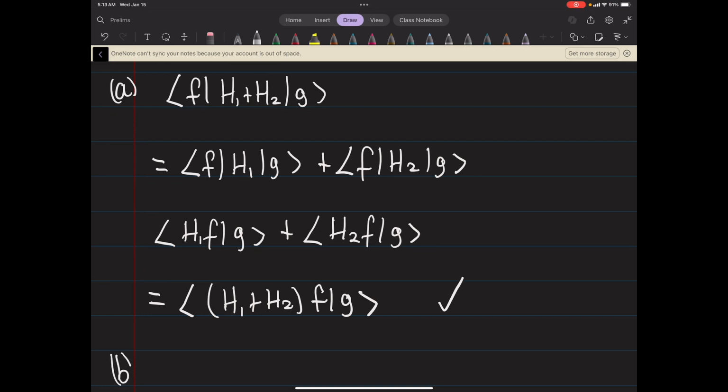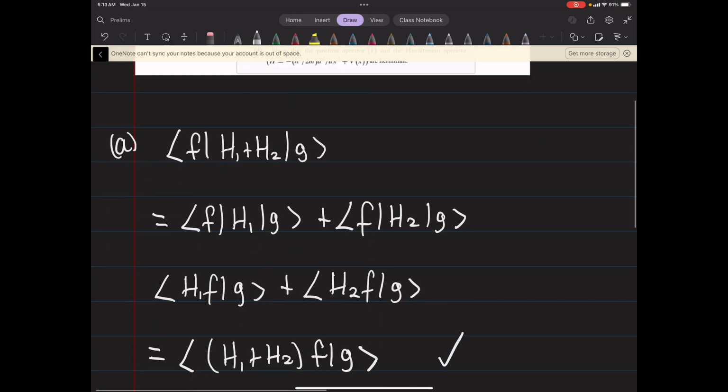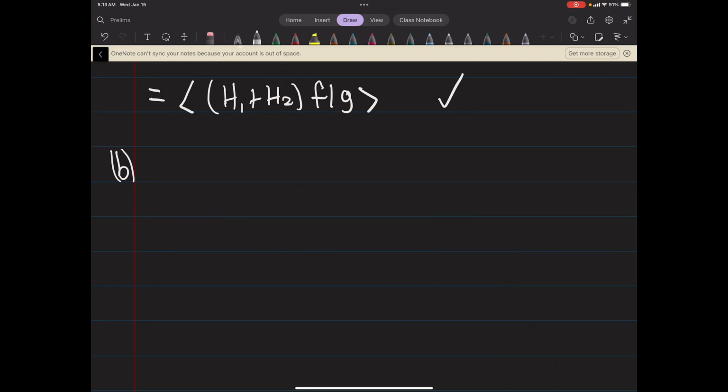Part B says, suppose Q is Hermitian, and alpha is a complex number. Under what condition on alpha is alpha Q hat Hermitian? So we have this operator, and alpha is some constant.